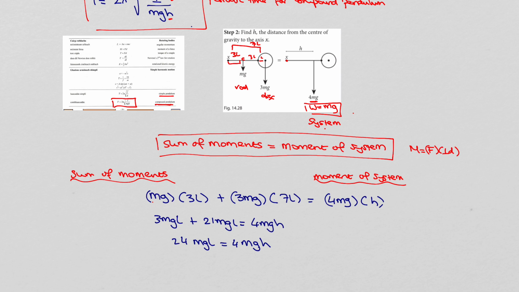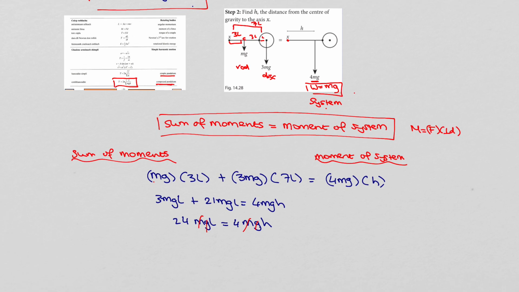And of course then we can see that there's an m on the left and the right, a g on the left and the right, which means then that h must be equal to 6L. So in this case that actually means that all of the weight is acting at this point here, because that's 6L. That's where it's really acting for the system.